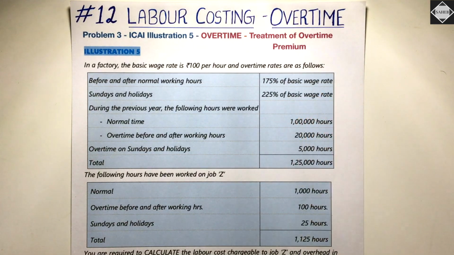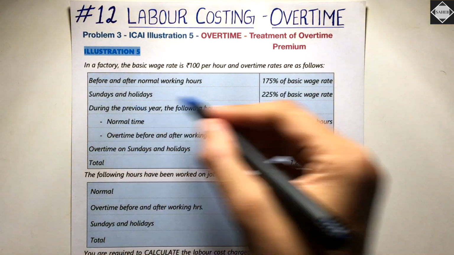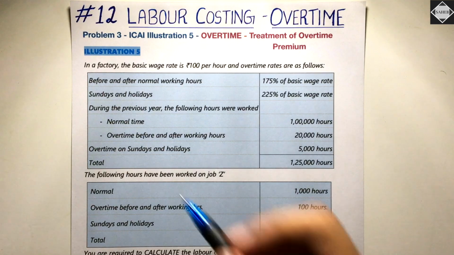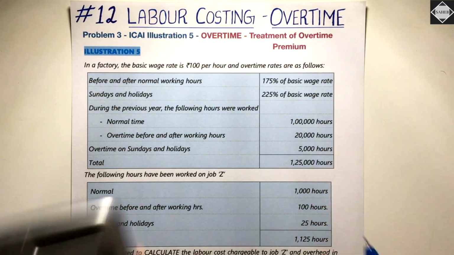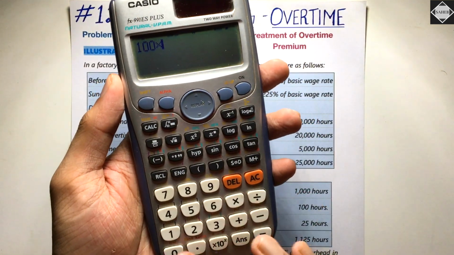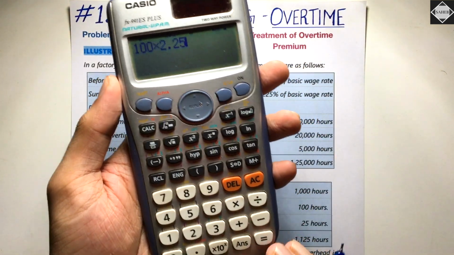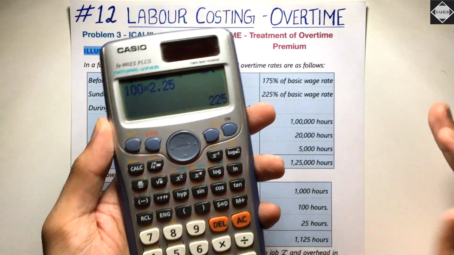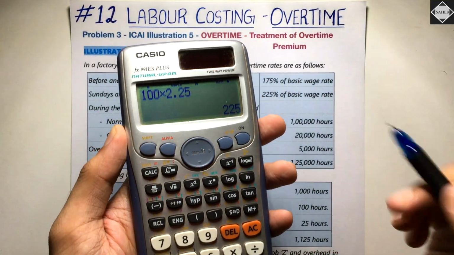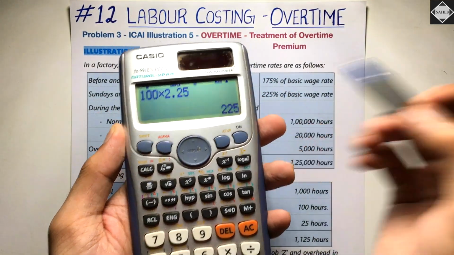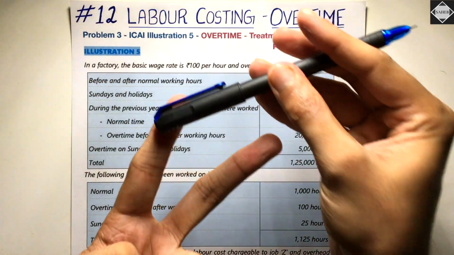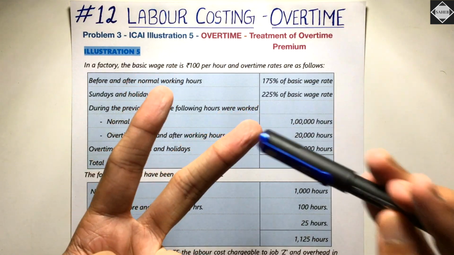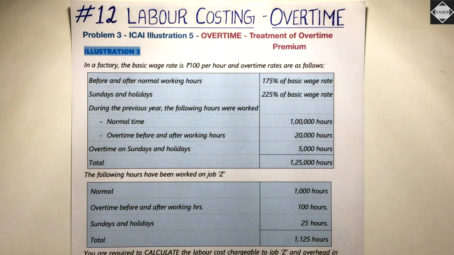So of course he has to be paid more than on weekdays, because holidays are more precious for the workers. So 100 into 2.25 in decimal, that's equal to 225 rupees per hour. This is the second overtime rate for the weekend. There are two overtime rates over here. One is for the weekdays and the other one is for the weekends and holidays. Is it clear? Okay, fine, that's the rate.